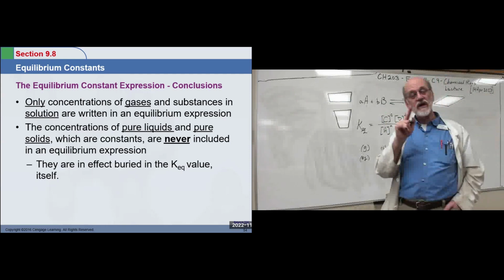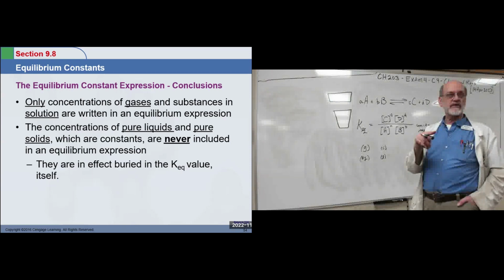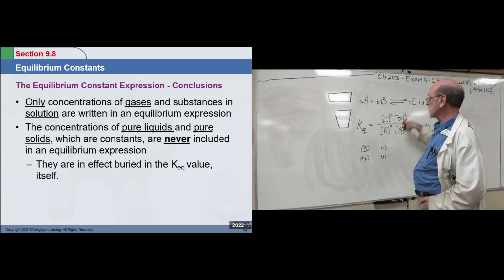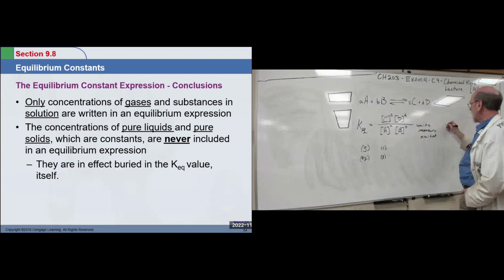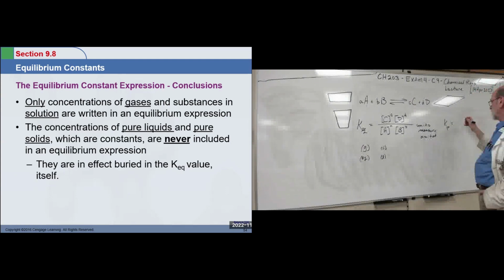What they will say is whether the units are derived from molarity or from partial pressures of gases. Because you can express these in terms of molarity here, or you can have a K using partial pressures. Say if those are gases, we could say the pressure of C to the C power, the partial pressure of D to the D power, and then partial pressure of A to the little a power, and partial pressure of B to the little b power.